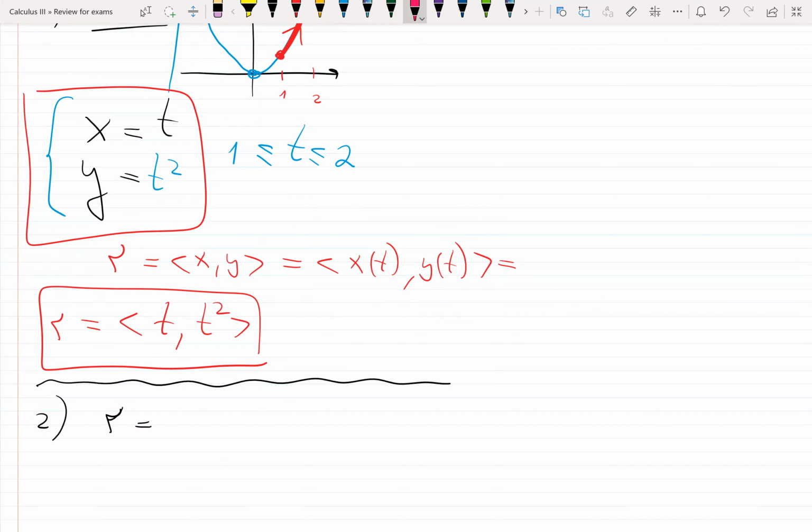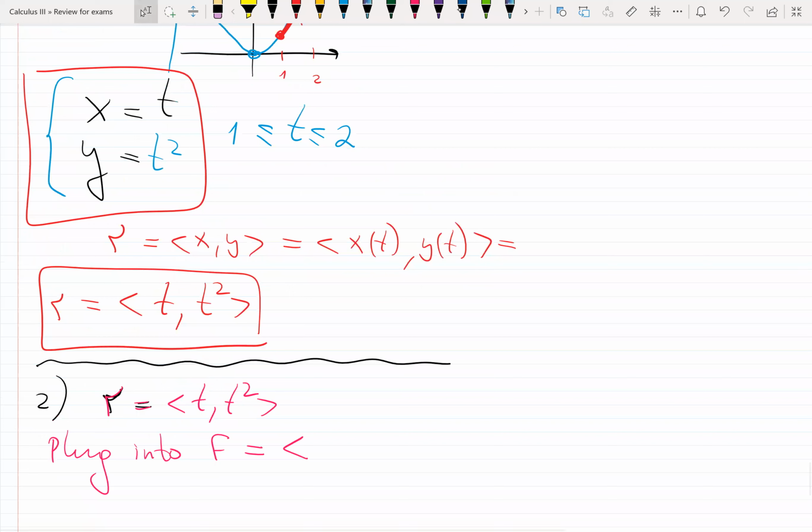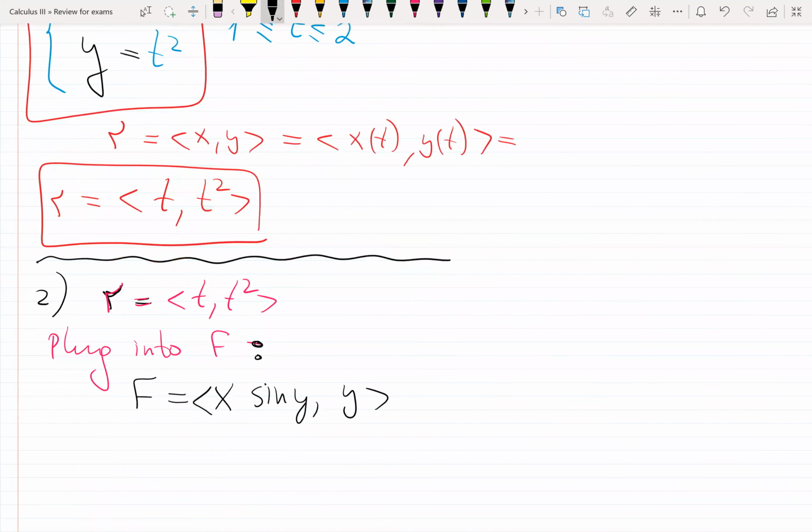r is t and t squared. You take this r, step 2, plug into F. Let's go back and check. What is your F? F was x sine, the recordings of, for example, gravitational forces, or the wind, basically.